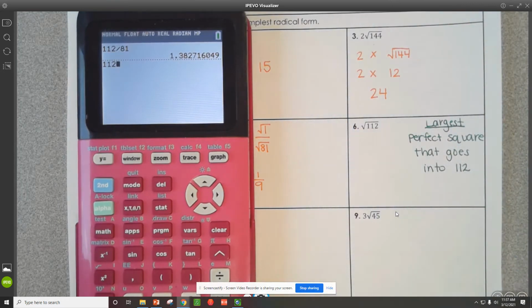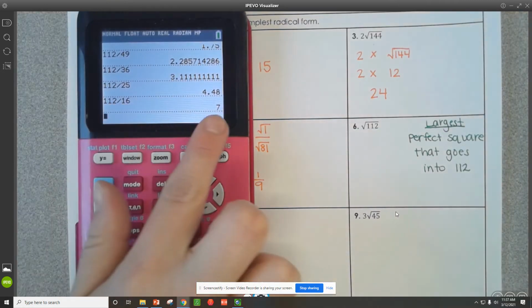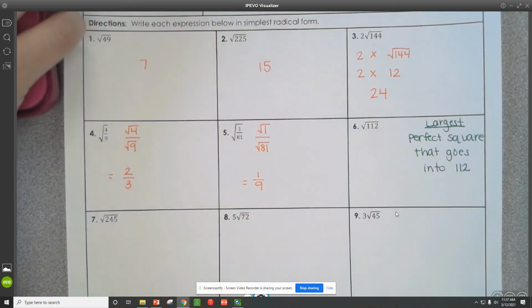So let's work our way back. 64, nope. Not 49, not 36, not 25, and 16 it is. So see how 16 went evenly into 112.